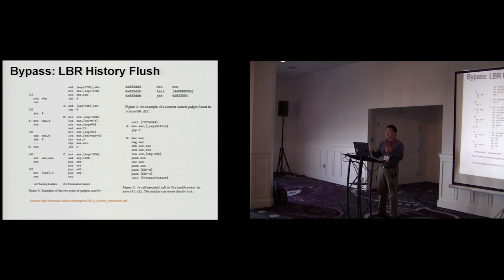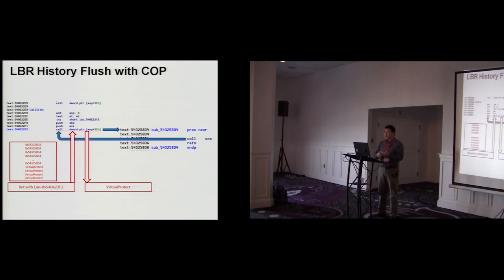At that time, it will also make the LBR records the latest ones, so all records will belong to another process. That's also one way to do the LBR flush. He also mentioned a couple of other ways, so I suggest people read his paper later to understand more approaches. We discussed a couple of different ways to do the LBR flush, and now we will focus on a new approach.